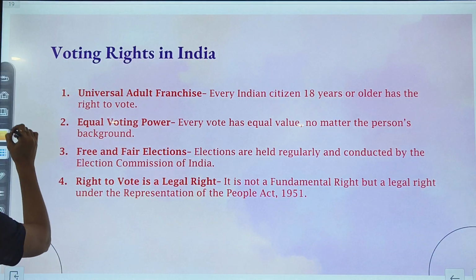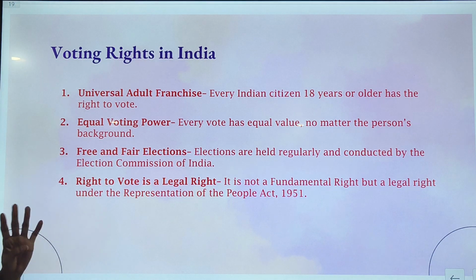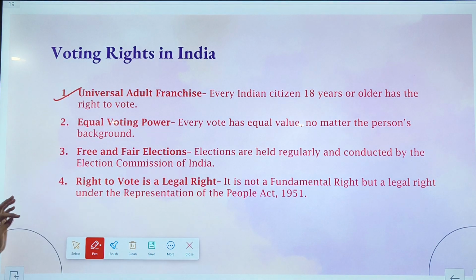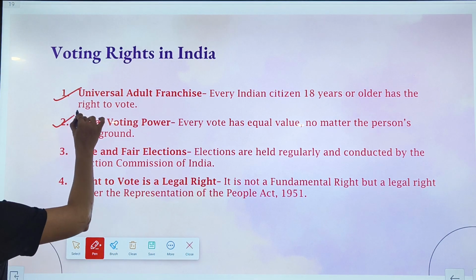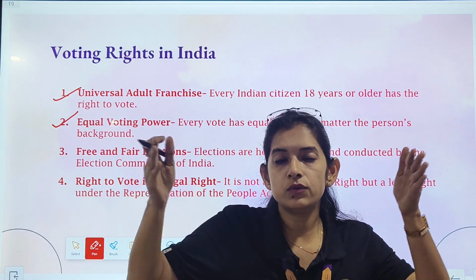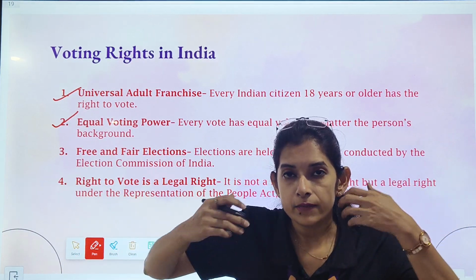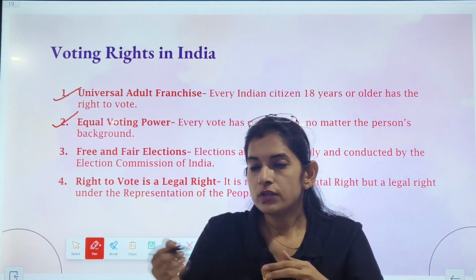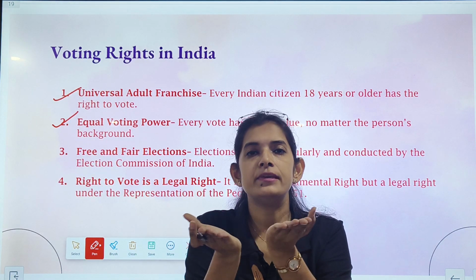Voting rights in India. Voting rights in India are divided into four features. First one is universal adult franchise, which we have already discussed. Whatever votes are cast, those votes are equal for all. That means if I am voting and one more person is voting along with me, the value of both votes would be the same.